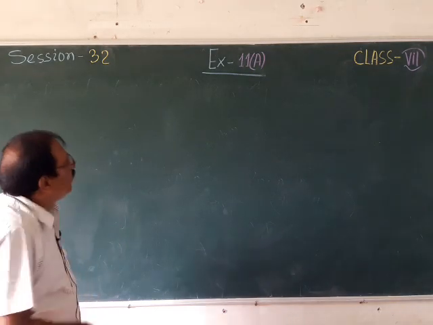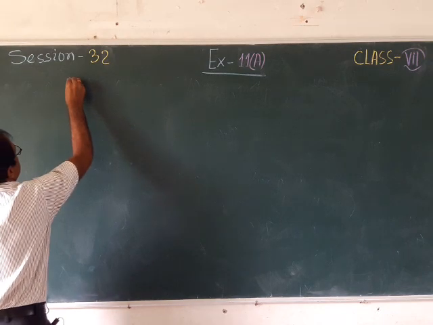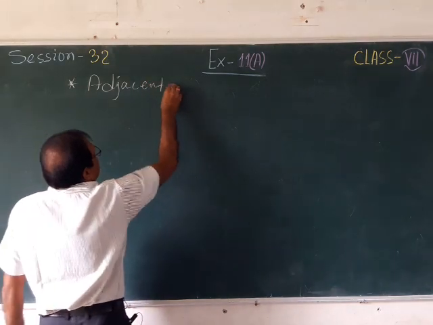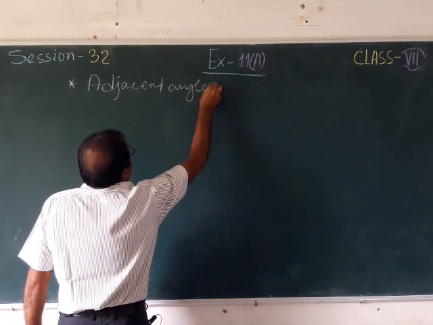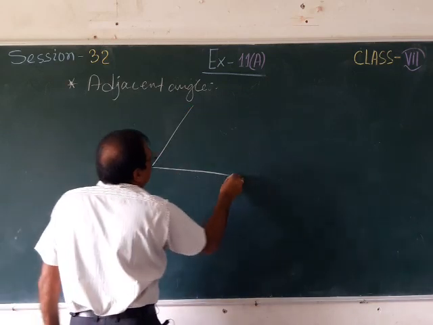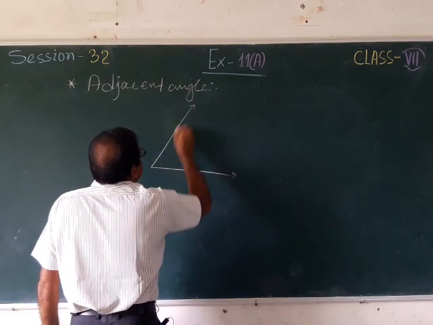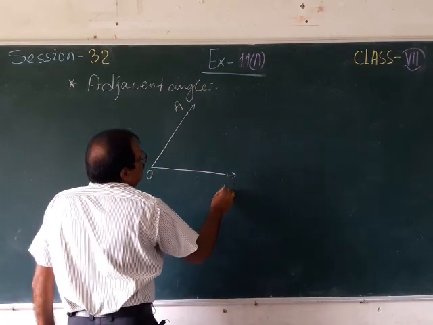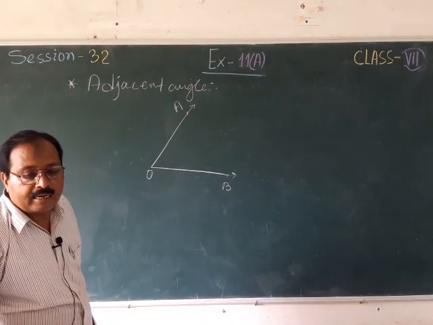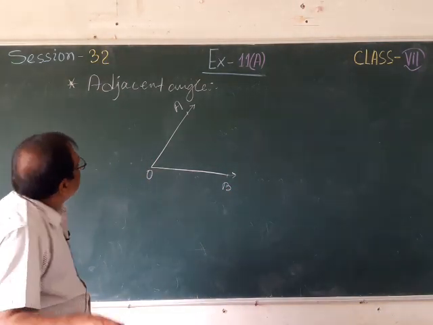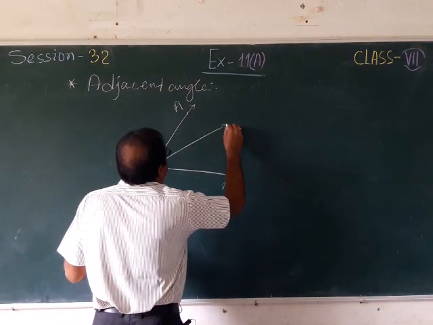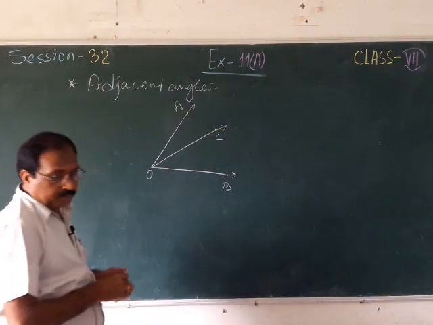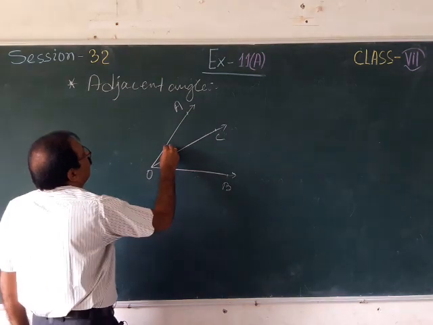Now I am talking today about adjacent angle. About adjacent angle, suppose I have drawn one angle, its name I can take as A, O and B. I have taken the name as AOB, and in this angle suppose I am drawing a line. One more ray I have taken, that ray named as C. So here you can see that two angles are formed.